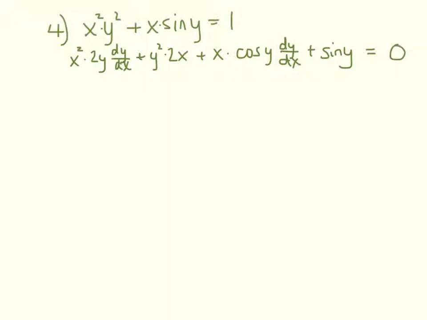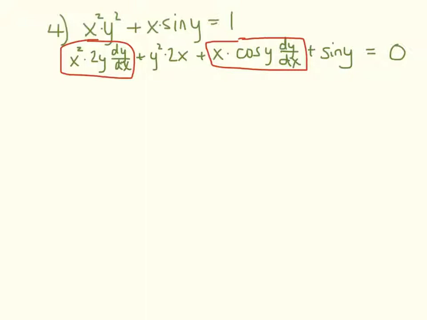Okay, so now, again, anything with a dy/dx gets brought to one side and everything else to the other. So if I'm looking at this, I can see that this whole term has a dy/dx and this whole term has a dy/dx. Remember, terms are identified by everything that's multiplying together. So those are the things I'm going to keep on the left-hand side.